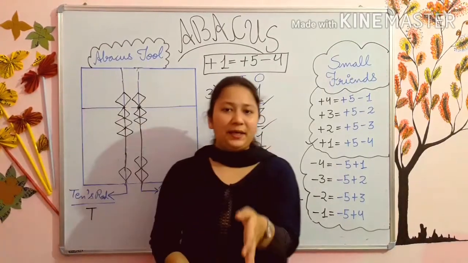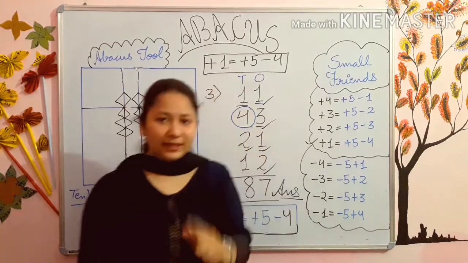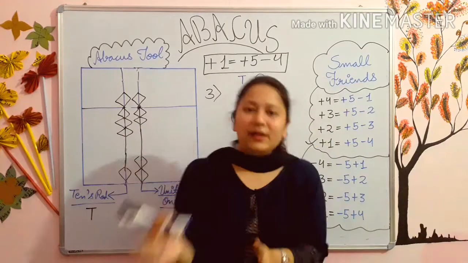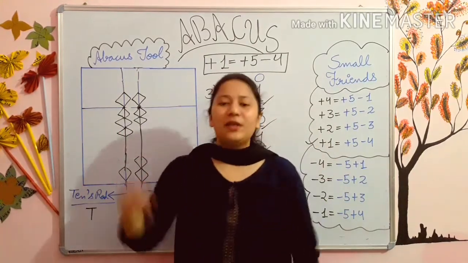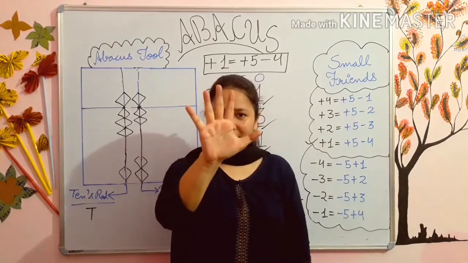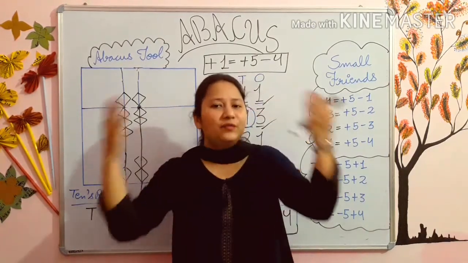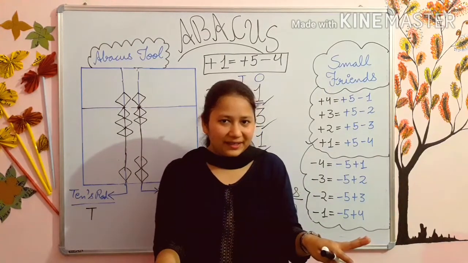In that PDF there are sums in which you will get lack of beads, and which bead? 1 bead. So students, wherever you get lack of bead of 1, what you have to do? You have to add 5, then minus 4 and your 1 will get added by itself. Nothing you have to do after it.